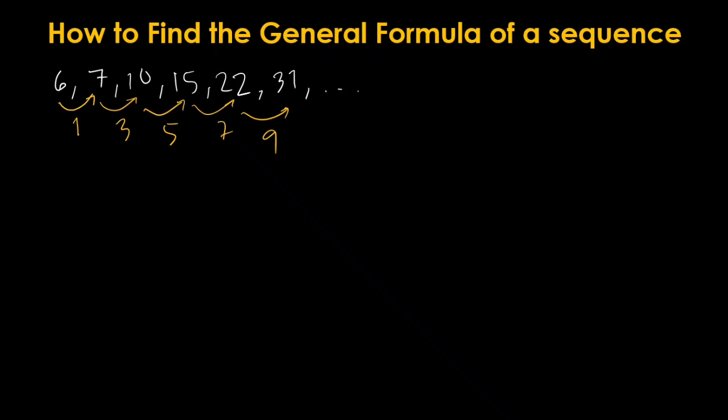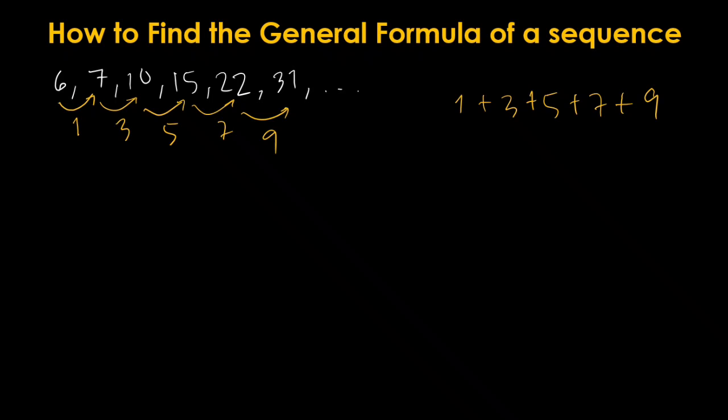So the differences form the odd numbers. What I'm going to do here is check the cumulative sum, or the series, of these differences: 1 plus 3 plus 5 plus 7 plus 9.